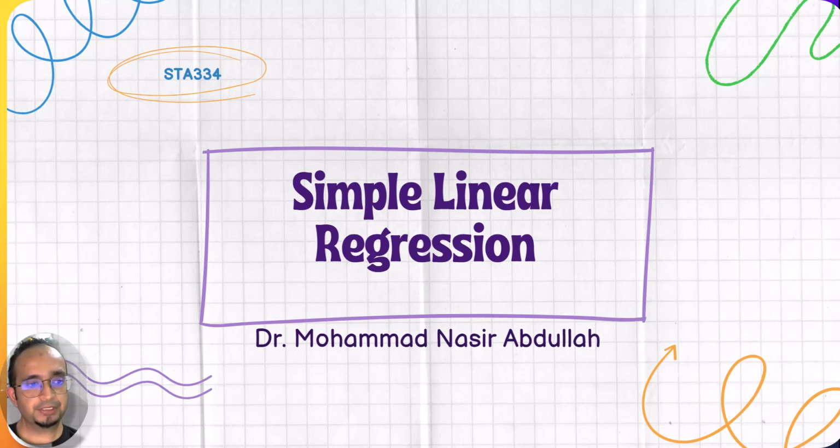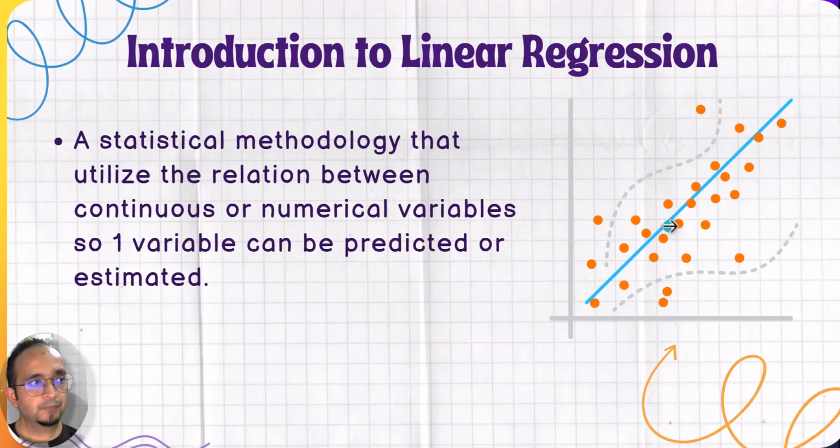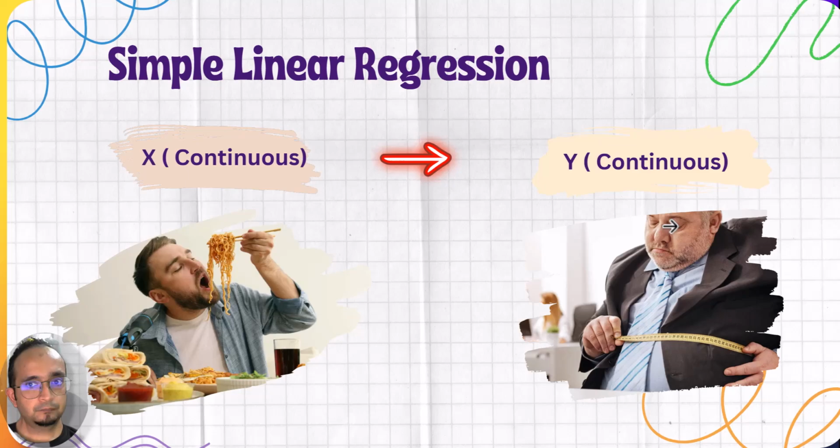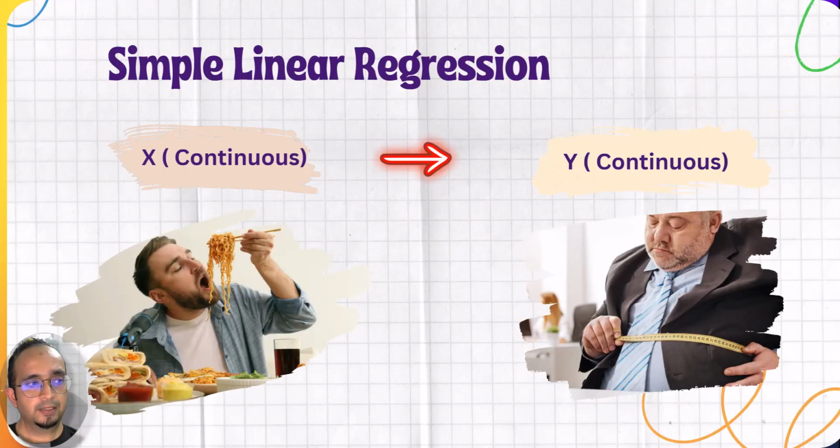Before we start with the demonstration, what is simple linear regression? Linear regression is a statistical methodology that utilizes the relation between continuous or numerical variables so that one variable can be predicted or estimated.